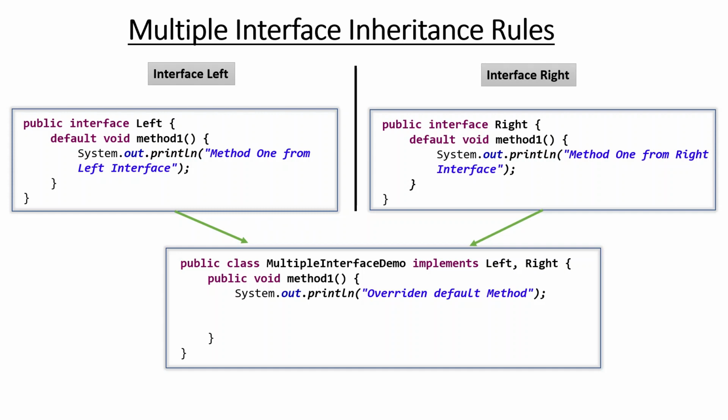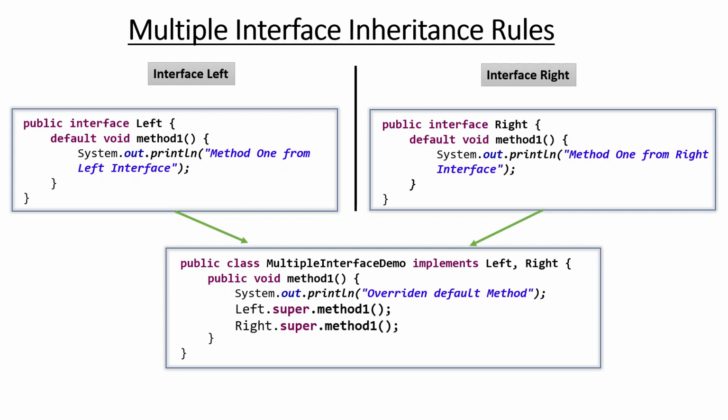This can also be done by calling the methods from the interface. So Java does provide you that flexibility as well. How you can achieve that is you can call the method that is present inside the interface by using the interface name, then appending super, and then the method name. So the syntax would look something like this.